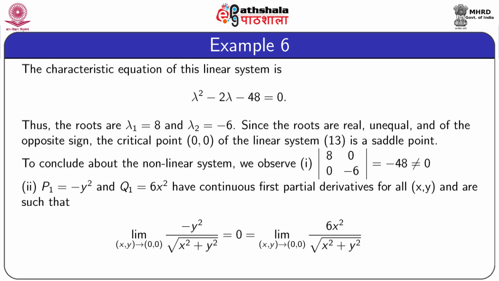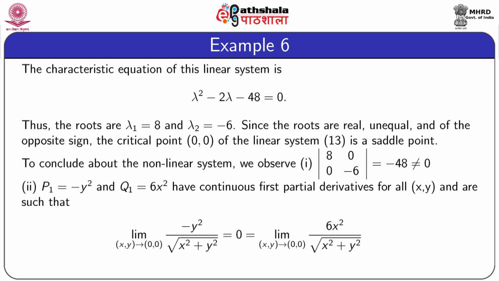Therefore, the roots are real, unequal and of opposite sign, and hence we conclude that the critical point (0, 0) of the linear system is a saddle point. Now, to obtain a conclusion for the nonlinear system, we first have to see that the following two properties are satisfied.